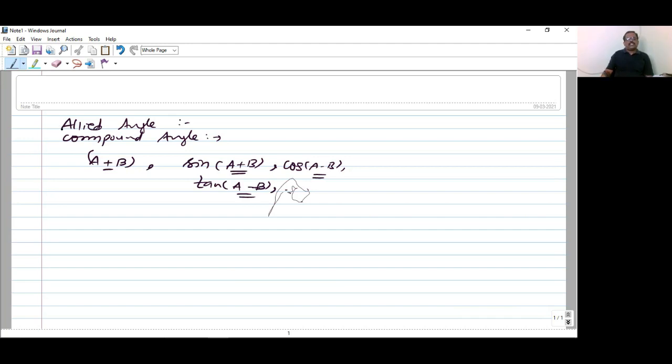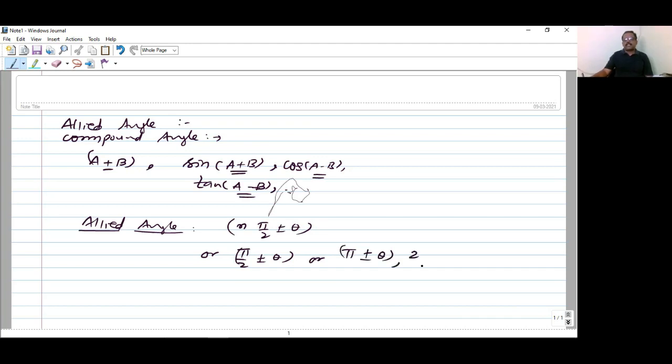Now let's see the allied angle definition. What is the allied angle? The allied angle is an angle in the form of n pi by 2 plus or minus theta, or in short, angles in the form of pi by 2 plus or minus theta, pi plus or minus theta, maybe 2 pi plus or minus theta, and so on.